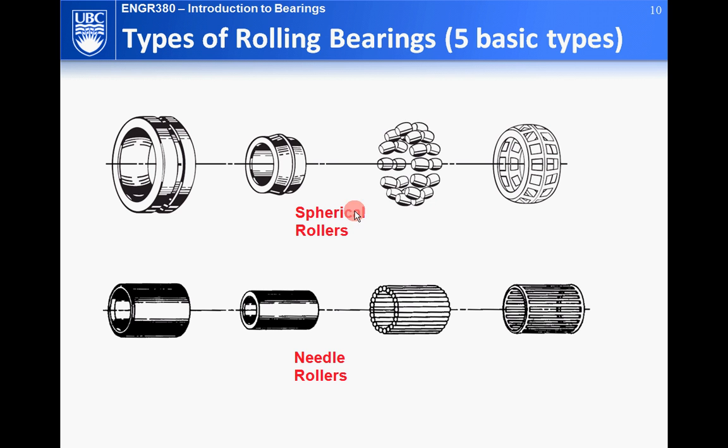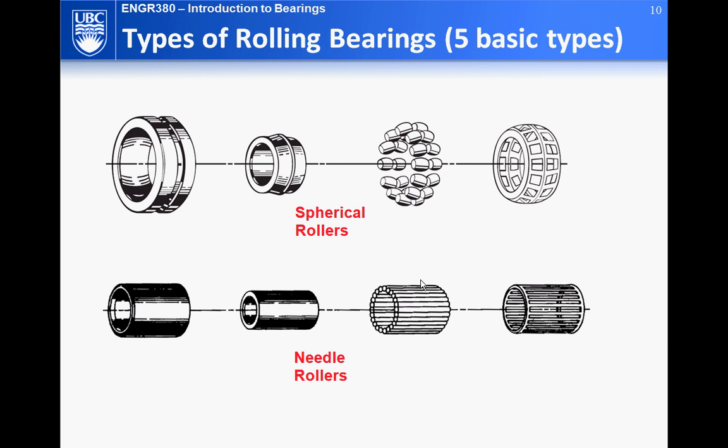Or you can have spherical rollers. Spherical roller means that if you look at the surface of the roller, it's a spherical surface, so that's why they call it spherical roller. Or you can have needle rollers. The roller here is very thin, like a needle.